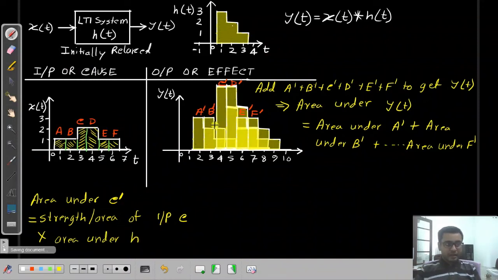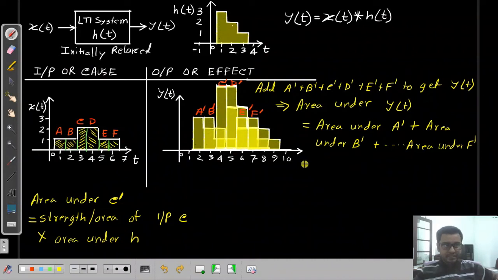Similarly, area under B prime will be strength or area of B multiplied by the area of h. So in this sum, area of h is common.